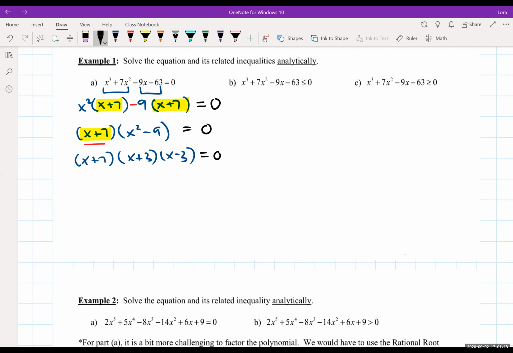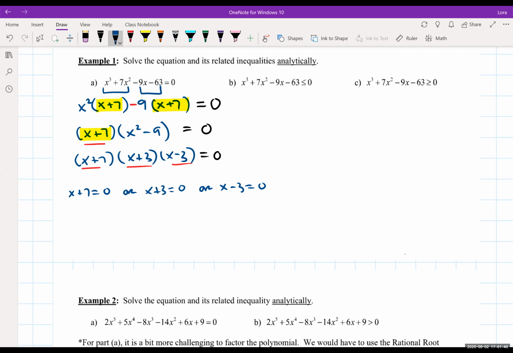And then notice you have 3 linear factors now. Last thing is to find the corresponding roots or the solutions, setting each factor equal to 0. And if you know a little bit of a shortcut, you can feel free to utilize it.